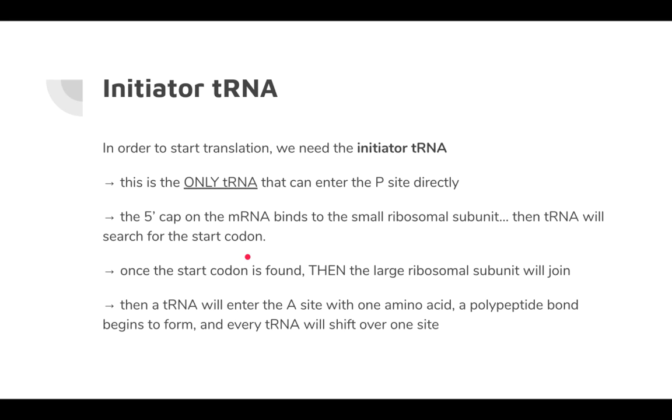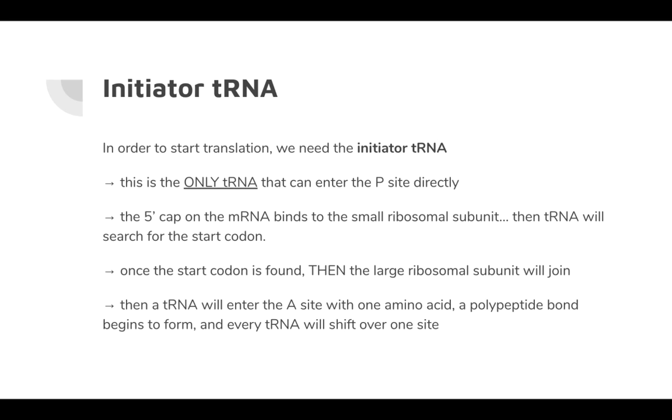In order to get the correct reading frame, you need to find that AUG, that first codon that will kick off everything. So when the tRNA is looking for that start codon, the mRNA 5' cap will bind to the small ribosomal subunit, and then this will go looking. Once we find it, the large ribosomal subunit will join.